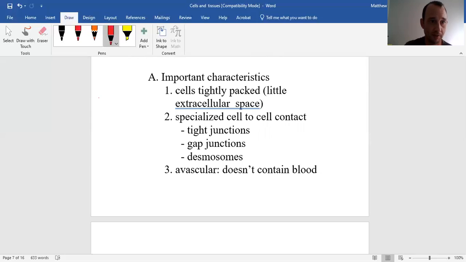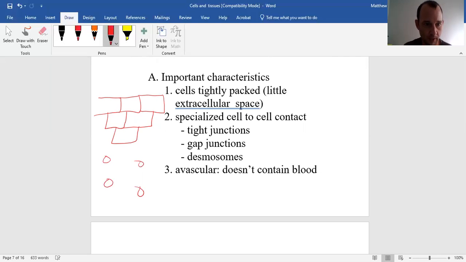If I have a group of cells, then those cells are tightly packed so that there's very little extracellular space. That's different than, say, when I look at your blood and you have blood cells that are all separated, and there is a bunch of extracellular space. Your epithelial cells oftentimes are linked by these various desmosomes. That means there's very little extracellular space.